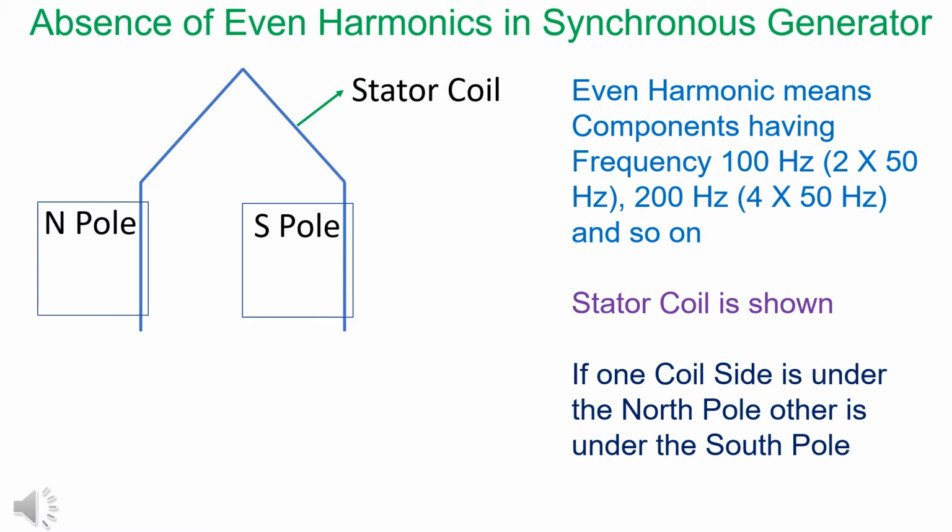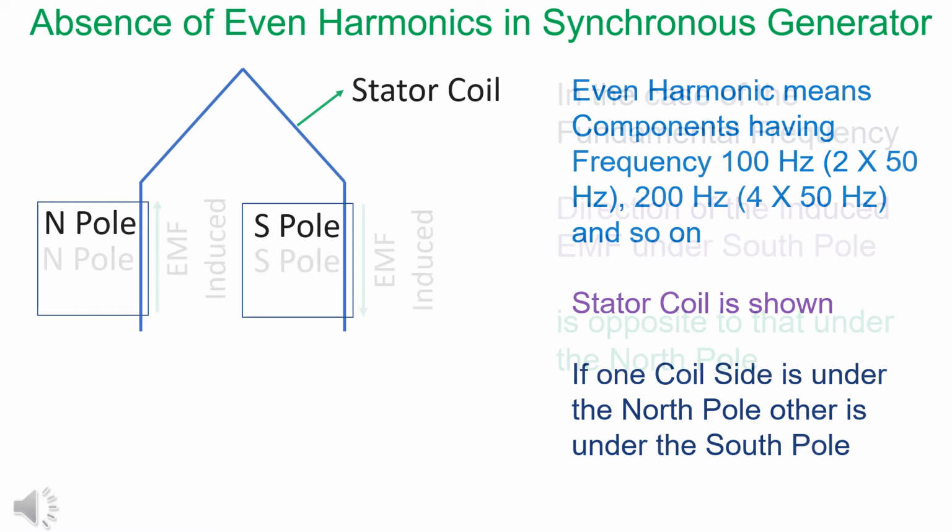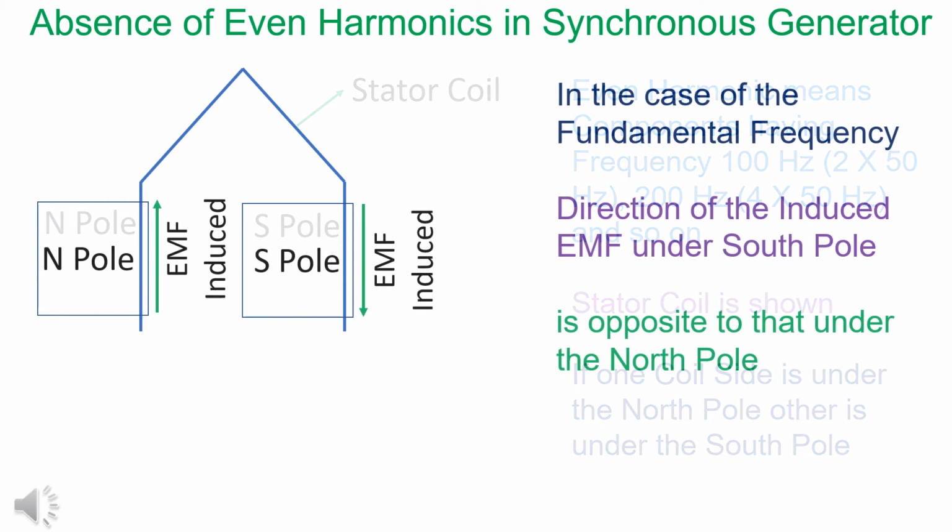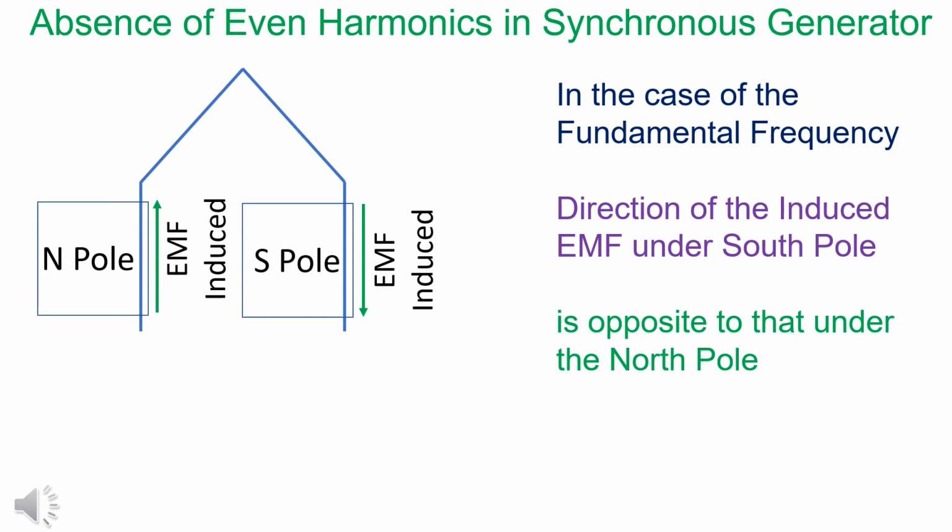Let us examine the second harmonics. If one coil side is under the north pole, the other coil side is under the south pole. In the case of the fundamental frequency, EMF induced in both the coil sides aid each other.